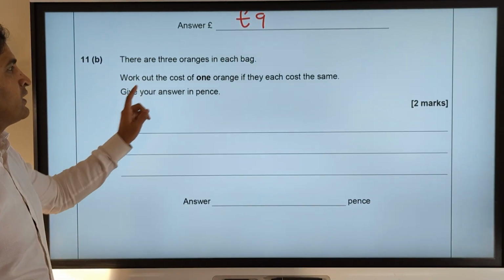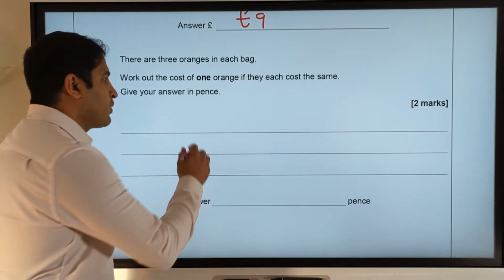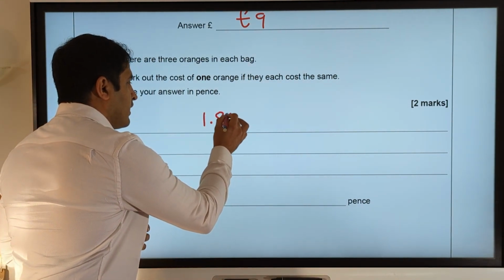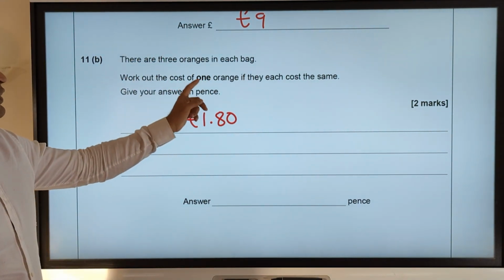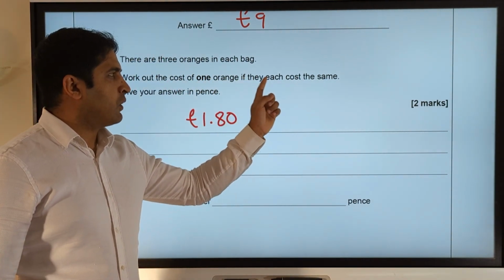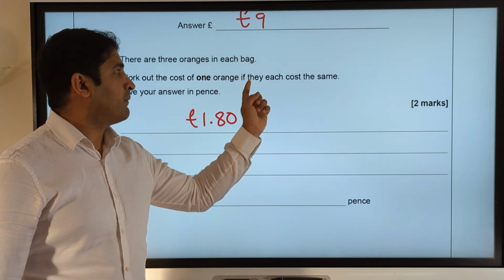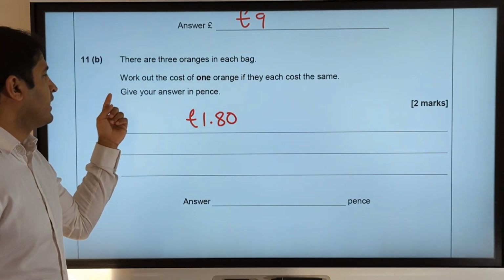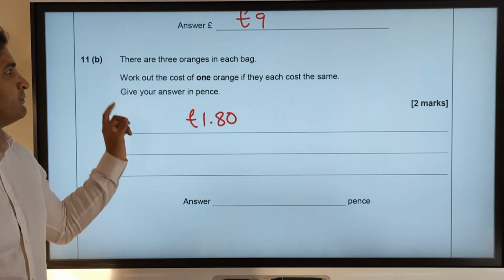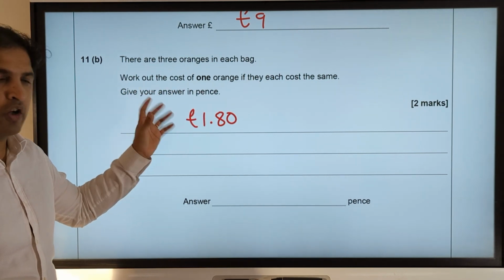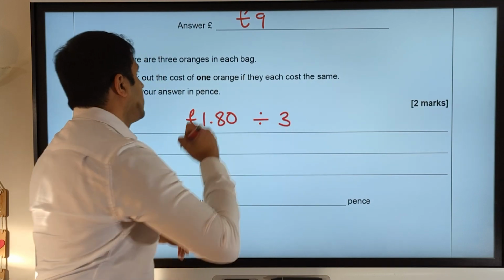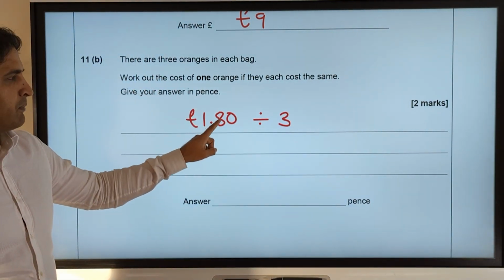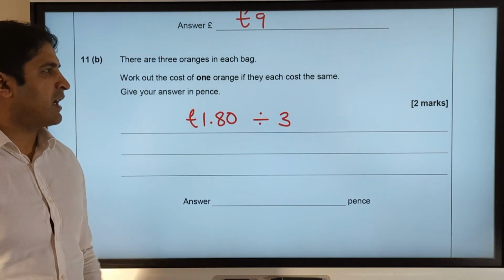There are 3 oranges in each bag, and each bag will cost you £1.80. Work out the cost of one orange, and if they each cost the same, give your answer in pence. So we need to work out the cost of one orange. If 3 oranges cost you £1.80, you're doing £1.80 divided by 3.